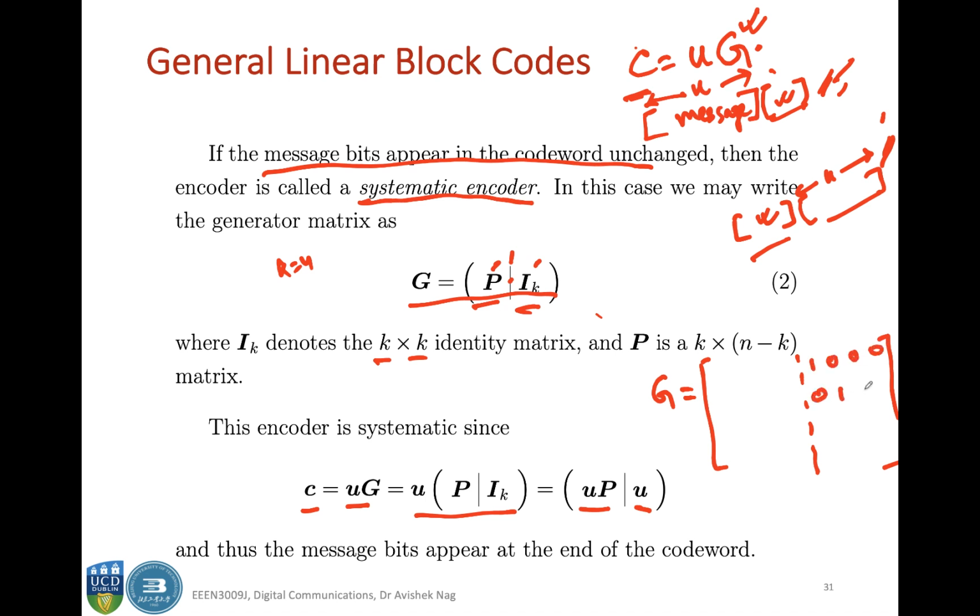The diagonal elements will be ones. Okay, and this part will be a regular matrix of ones and zeros, so it can be anything. Let me just randomly write this part. So let's say your n is 8 and k is 4. So n minus k, so k cross (n minus k), this part will be, let's say, random, whatever.